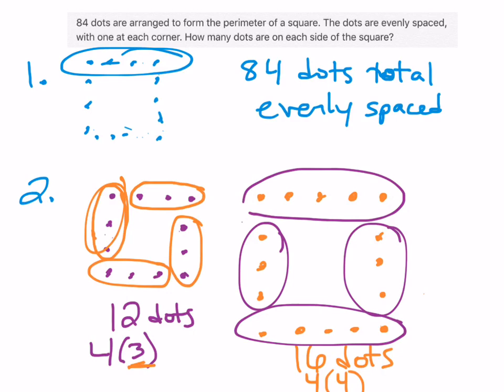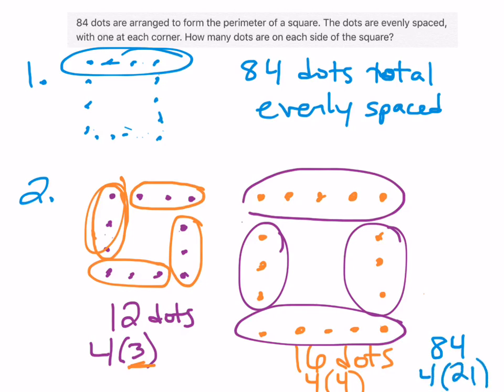Right? So maybe here you would think ahead and realize that 84 dots along a square, right, we could do the same circling method that we did for 12 dots. So maybe you would think through and think, okay, well, 84 dots is 4 times what? Right?